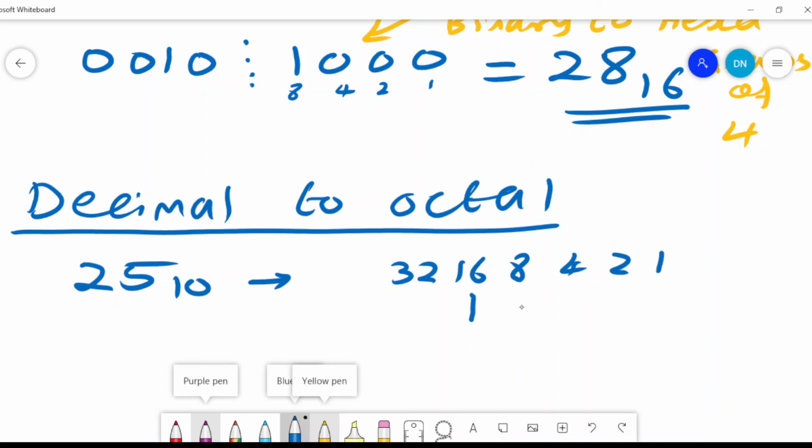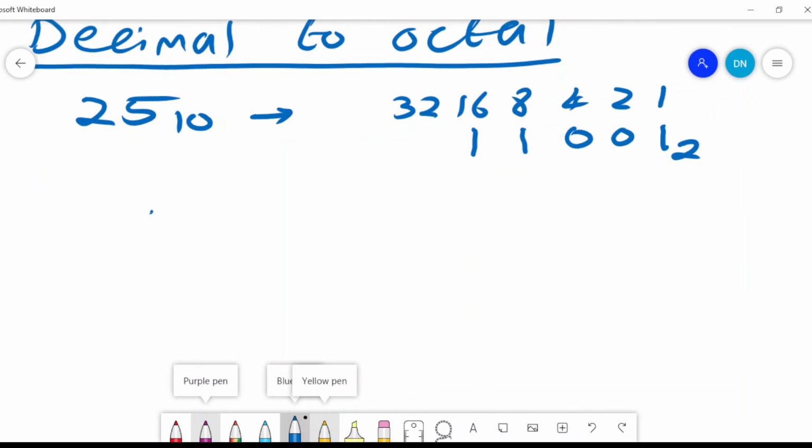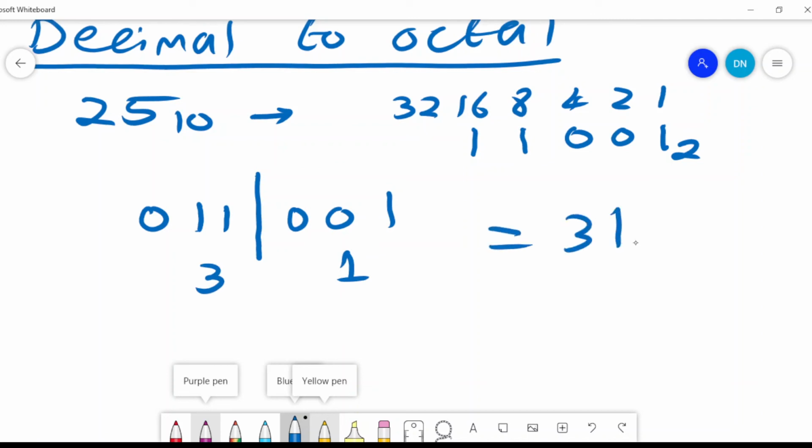If I put 8, it gives me 24, then I have 1 that gives me 25. So I get the binary equivalent. So I move from decimal to the binary equivalent, and then from the binary, now I can move to octal. So this is 1, and this is 1 and 2, this is 3, and that is 31 to base 8.